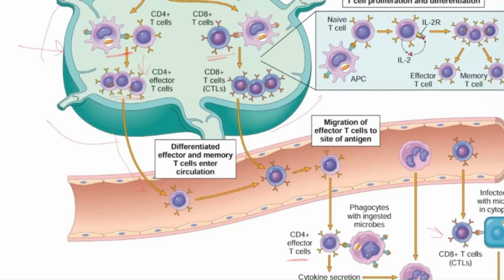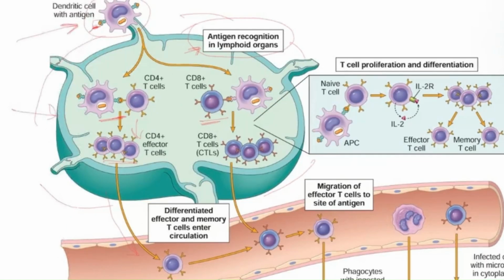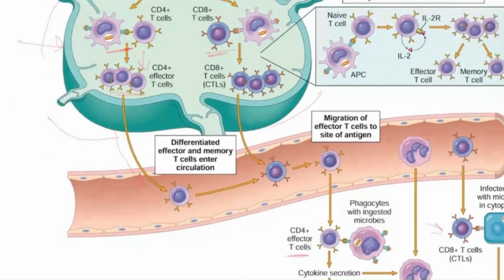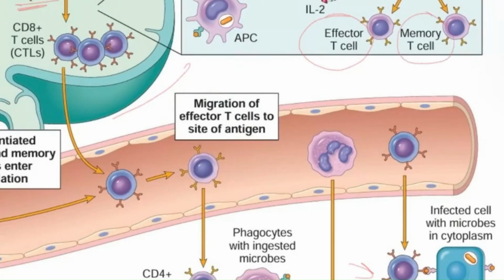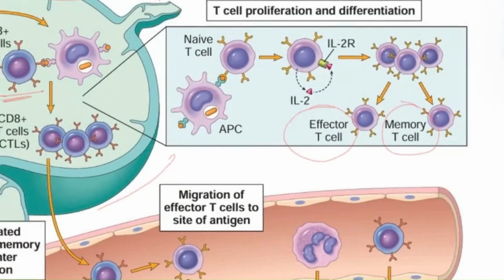An antigen presenting cell will bring the antigen to the lymph node and meet with the CD4, because CD4 is the most important cell to coordinate the immune response, not the CD8. When the CD4 is activated, it will form effector cells and memory cells.